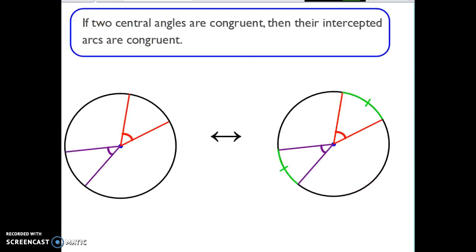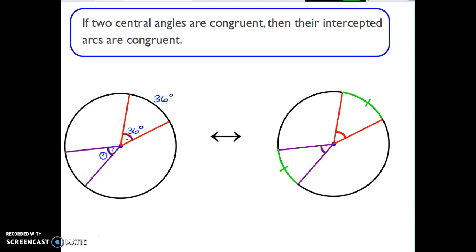Okay, one of the important things that we want to talk about is that if two central angles are congruent, what that means is that their intercepted arcs are congruent. So remember that this little arc right here and this little arc right here mean that these two angles are congruent to each other, which means that they have the same measure. So if this angle were, let's say, 36 degrees, then that means that the intercepted arc is 36 degrees.